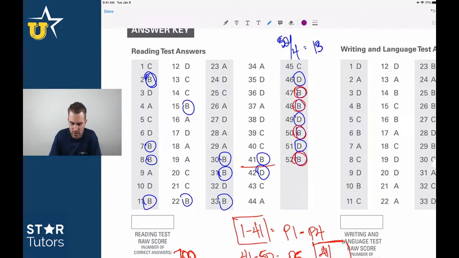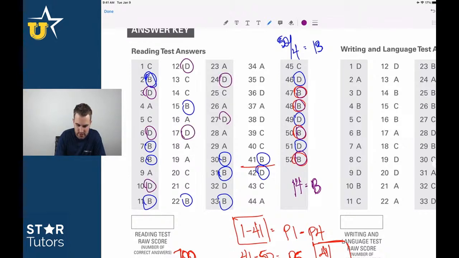That means we have 14 B's. And look at D: 1, 2, 3, 4, 5, 6, 7, 8, 9, 10, 11. That means we have 15 D's.